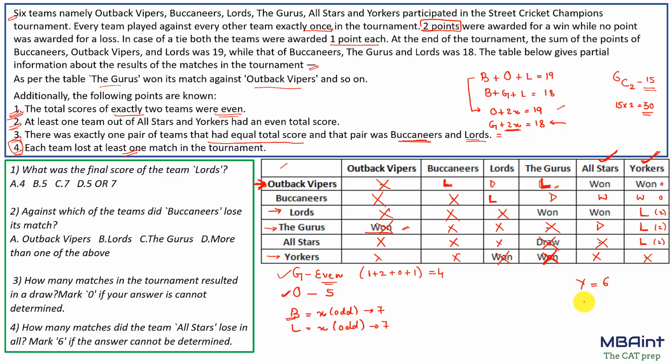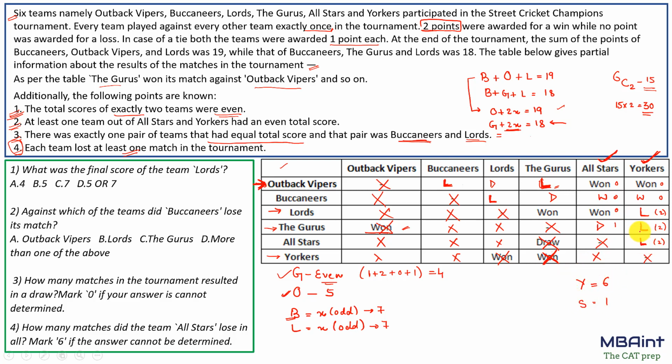And what would be the score of All Stars? If we put L and the score of Yorker as 2, then for All Stars, this is a loss. And this is win, so this is a loss for All Stars. So 0, 0, 0 and 1. So that makes sense. So this is a possibility.